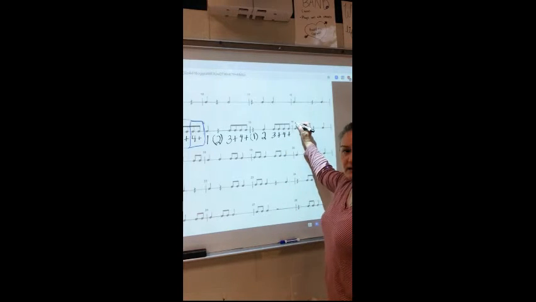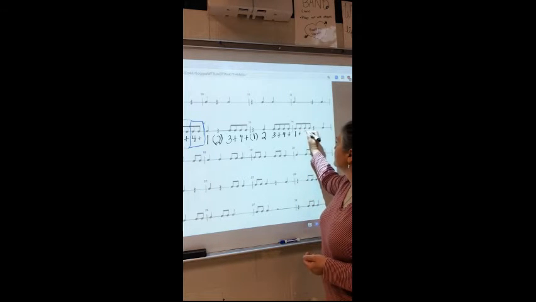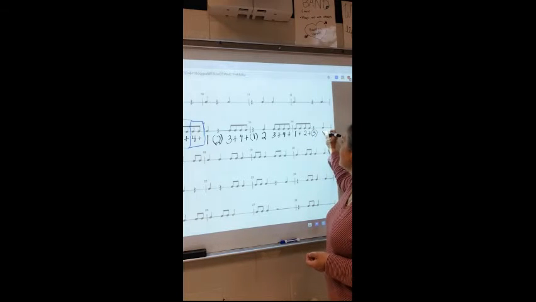In measure 16, bar line here, so we know we're starting over with number 1. We start with eighth notes instead. No big deal. 1 and 2 and. Beat 3 is that quarter rest, so we put it in parentheses, and then beat 4.